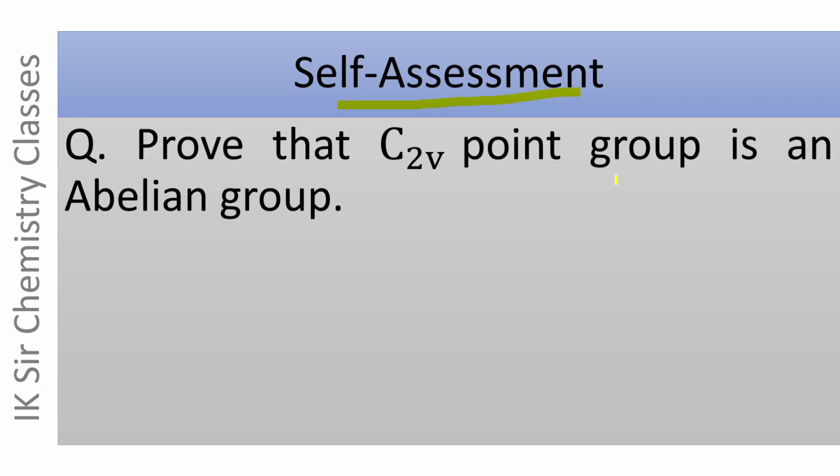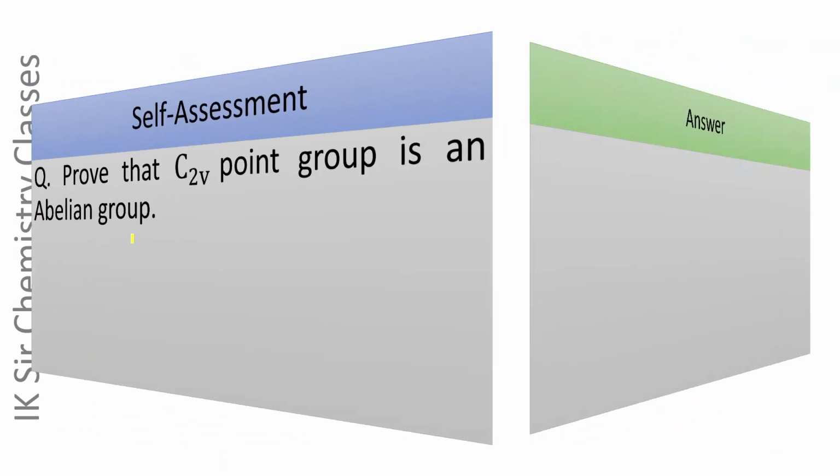Prove that C2V point group is an abelian group. We have already seen in previous video that the mathematical group in which all the elements commute with one another is called an abelian group. Here is the answer.